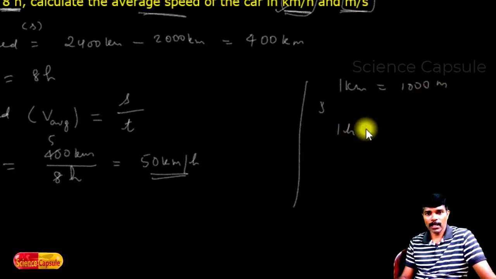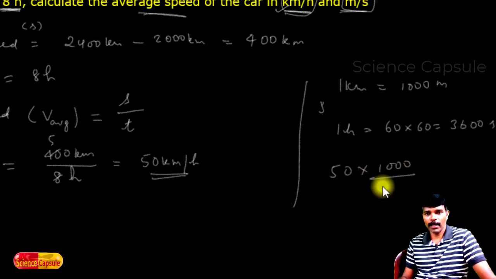Now 1 hour is equal to 60 minutes and each minute has 60 seconds, so 60 into 60 is 3600 seconds. In order to convert this, we do 50 multiplied by 1000 divided by 3600. Upon solving this, we get 5 2s are and here 18.